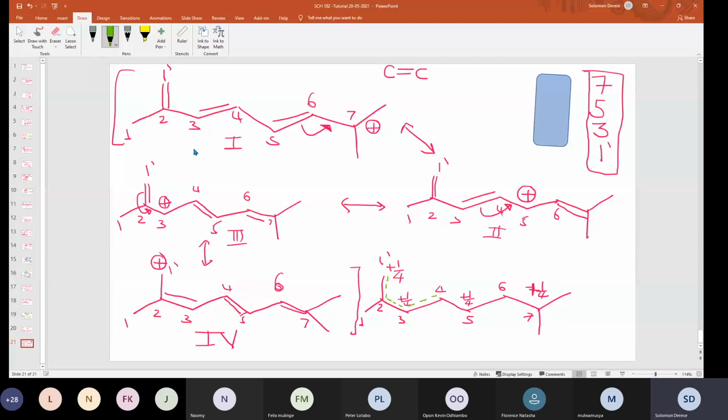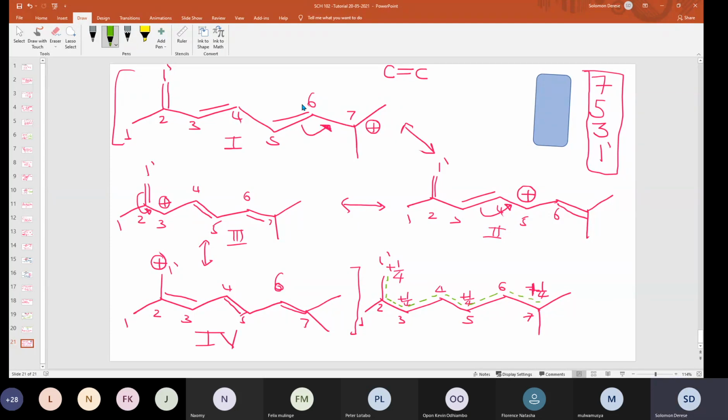Between 4 and 5, 4 and 5 here, 4 and 5 here, we have a double bond. Between 5 and 6, let us see if we have a double bond between 5 and 6. As you can see here, we have a double bond between 5 and 6. Between 6 and 7, of course, we have a double bond here, a double bond everywhere.